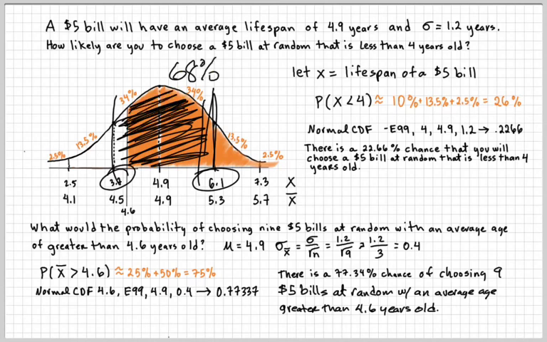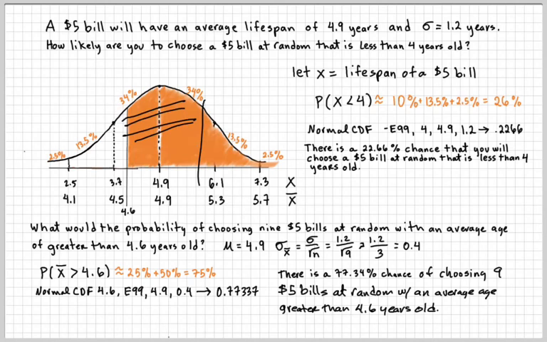Most likely a $5 bill will be right here. Okay? Most likely. Again, most likely a $5 bill will be between here and here, because that's the meat and potatoes of the distribution. 68%. That's 70%.